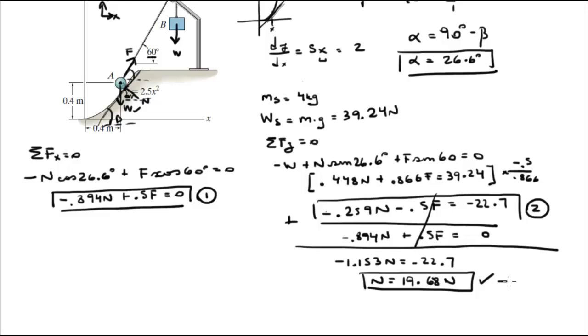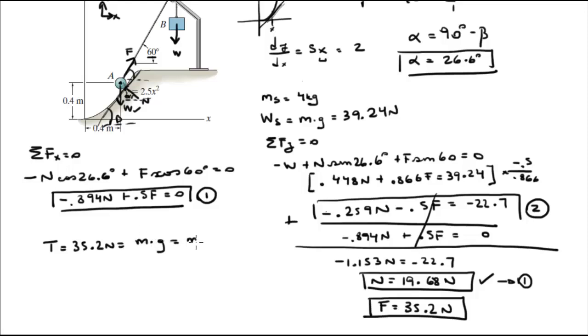You can solve for the force by plugging that into equation 1 or equation 2. I plug it into equation 1 because it's easier, and you get that the force is equal to 35.2 newtons. The force being the tension of the cable. If the tension that's holding the weight of the block is equal to 35.2 newtons, that is equal to the mass times the acceleration of gravity, which is the mass times 9.81.